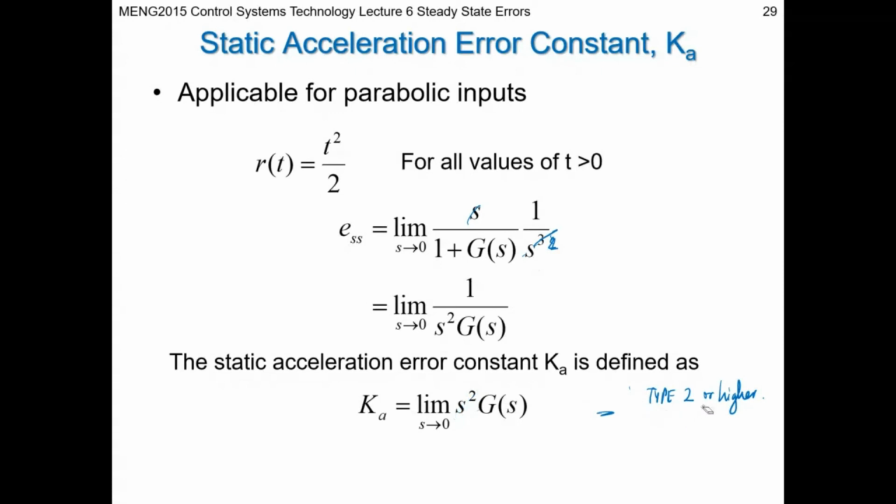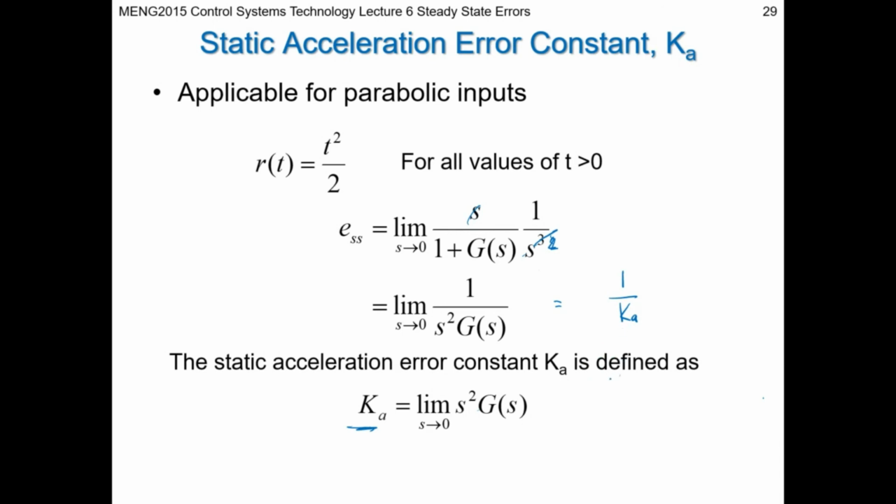And so then you're going to end up with a finite value of Ka, and our steady state error is 1 upon Ka. So if you have a finite value of Ka, then you have a finite value of steady state error.